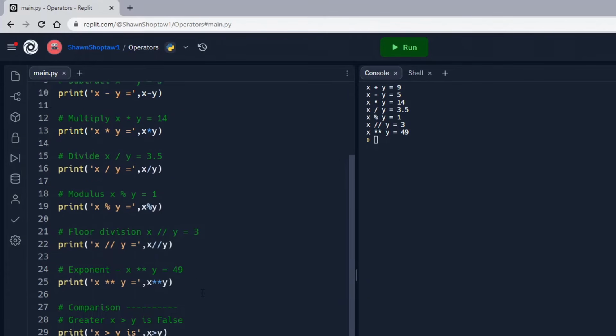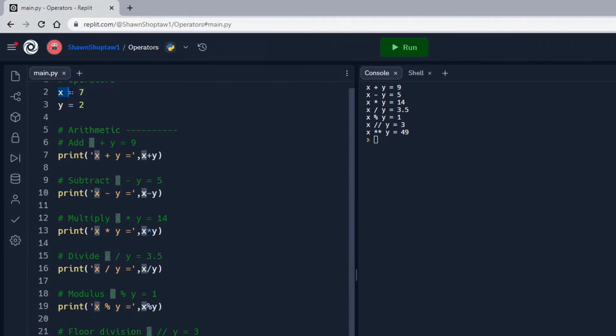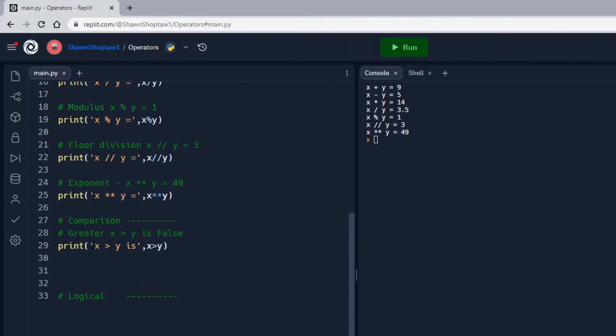So for instance, we'll go back up and remember that x is 7 and y is 2. So here, x, 7, is greater than y, and we know that that's true. So when we run that, x is greater than y, so that's true.